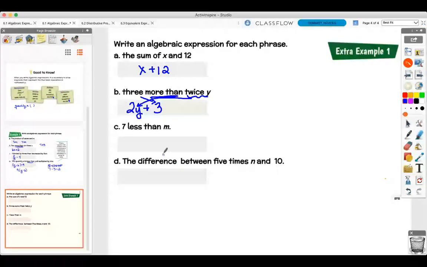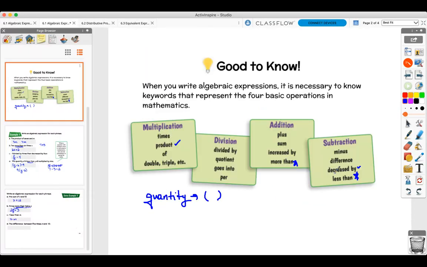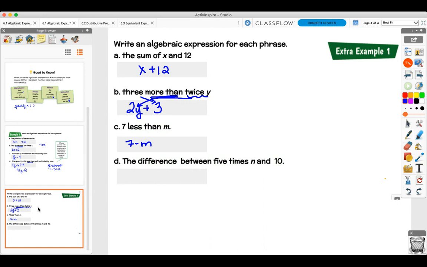7 less than m. So again, the common mistake that students make is to write 7 minus m, but again, this is not right. We talked about in the last slide that less than was one of our starred ones where you switch the order. So it's actually going to be m minus 7 because you're switching the order.